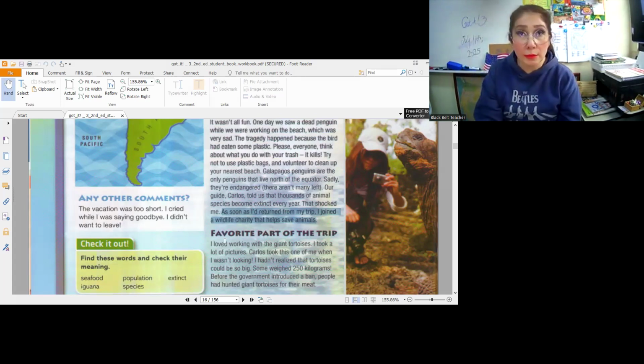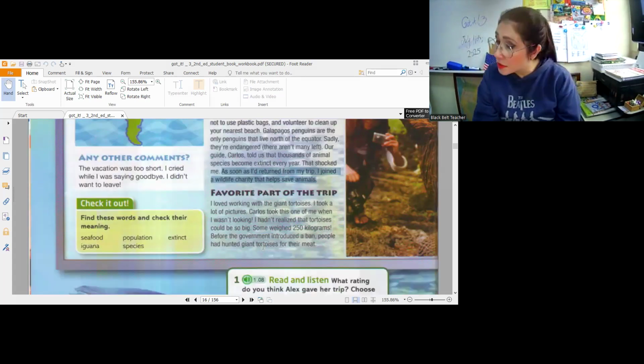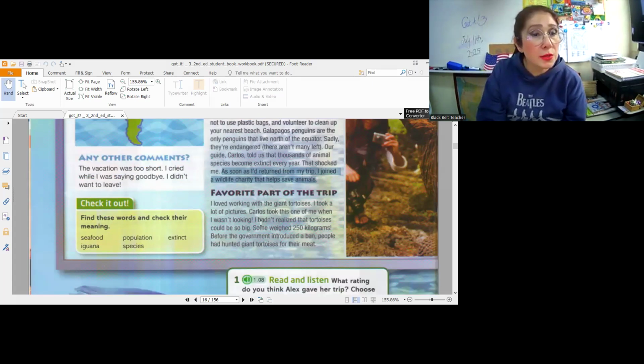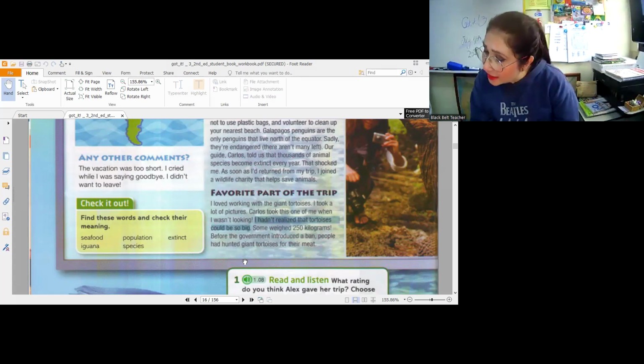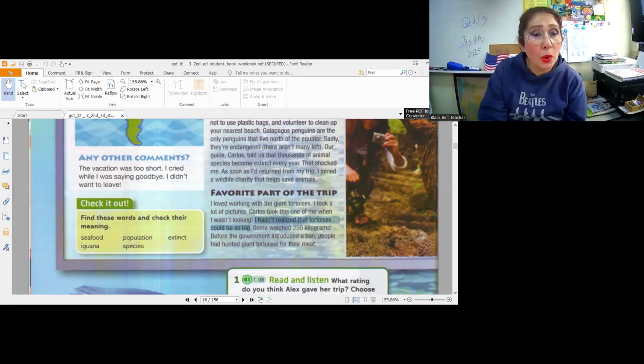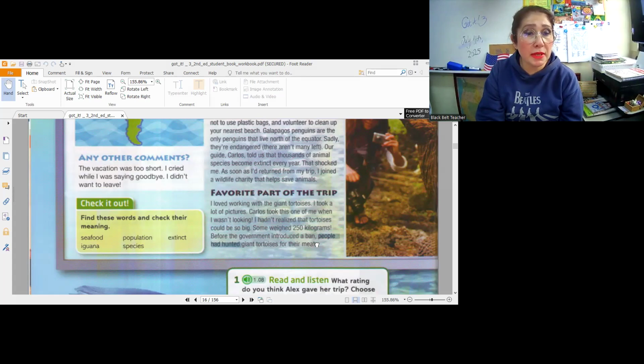And there are two more. This one too, highlight this one. I hadn't realized that tortoises could be so big. And finally, highlight this one. People had hunted giant tortoises for their meat. I'm going to highlight them.